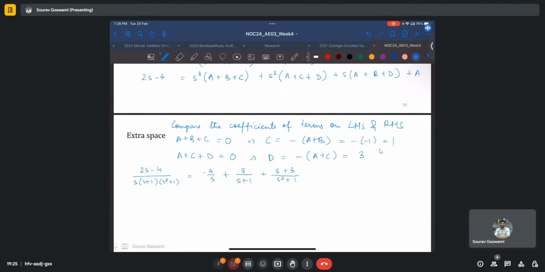And when we have to compute the Laplace inverse, we try to break these down into recognizable or more standard forms.